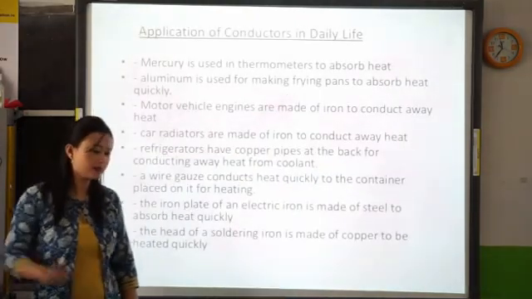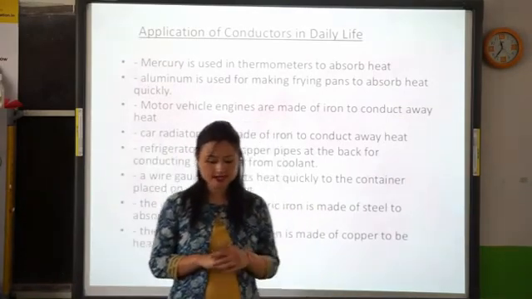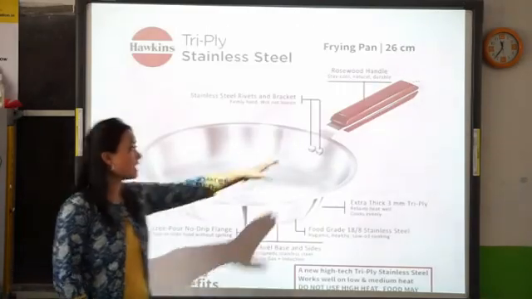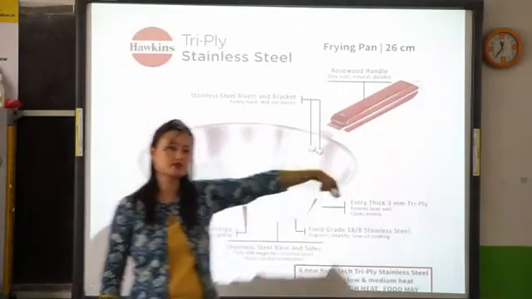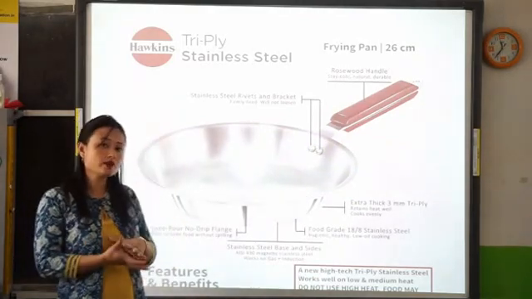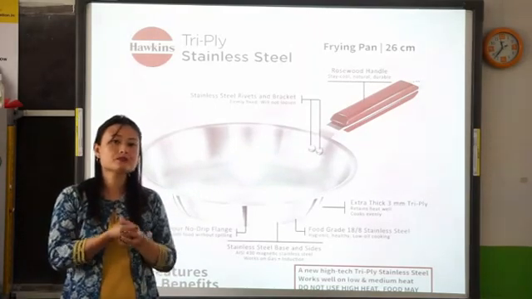Now some of the other applications. The handles of cooking utensils and kettles are made of insulators. Most of the handles that we see are made of plastic or wood. Why? So that it's easier to hold.